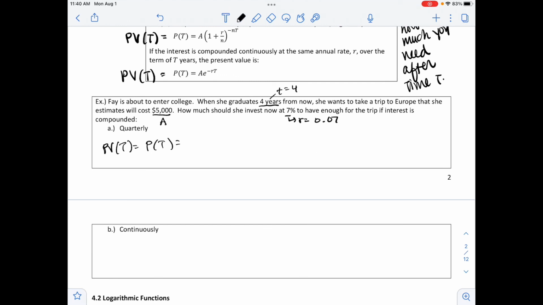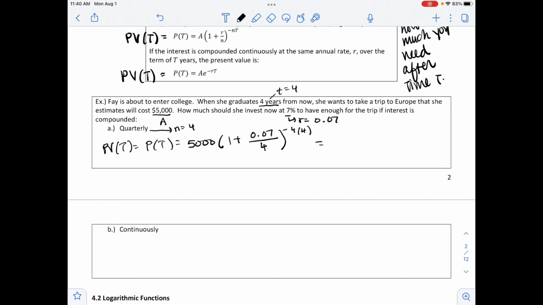This also says quarterly, so we know that N is equal to 4. Substituting everything into our formula, we have A, which is 5,000, times 1 plus R, which is 0.07, all over N, which is 4, raised to the negative N times T, which is 4 times 4.